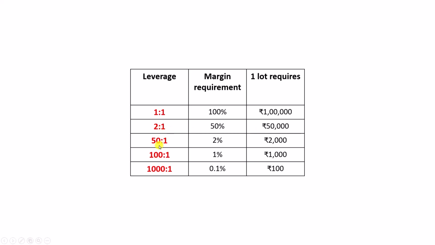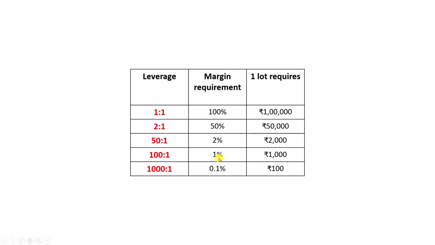If 50:1 is the leverage, then the margin requirement is 2%. Meaning, if you want to trade this much worth of currency, then you need to have only this much in your account. The rest will be given to you by your broker. If this is the leverage, you need to have only 1% of the money in your account.